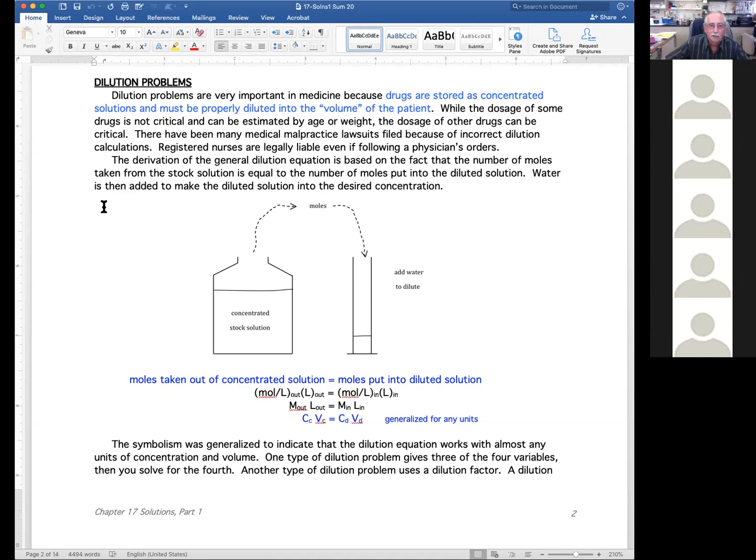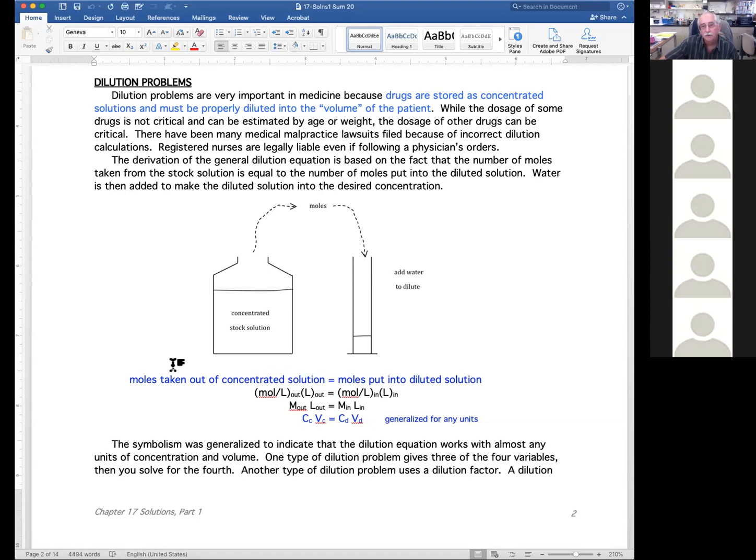It seems kind of funny that the nurses actually have to take that responsibility and the doctors don't. There has been a few lawsuits where they didn't even go after the doctor. They went after the nurse. That's crazy. I know. Seems a little messed up. Welcome to the world.